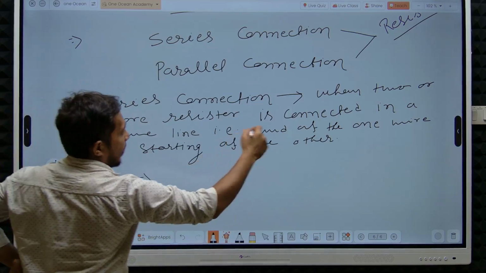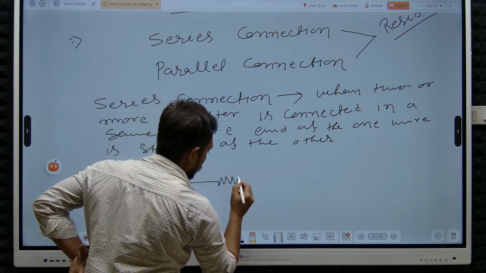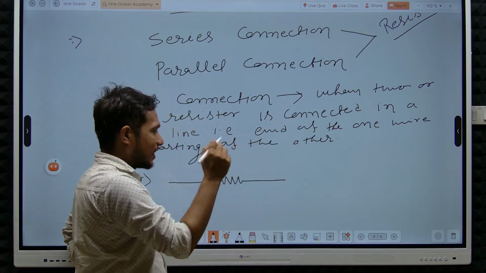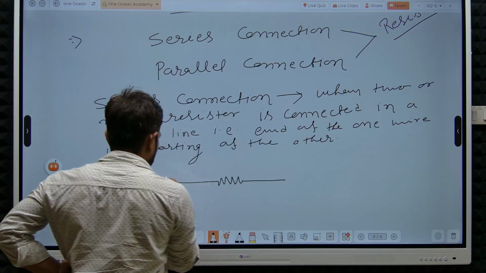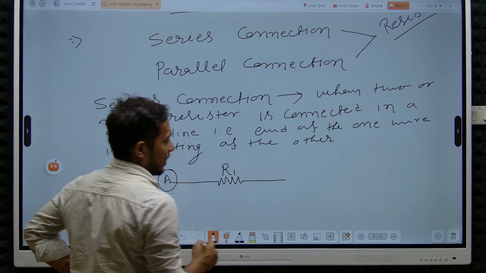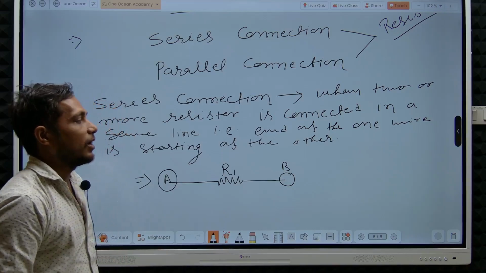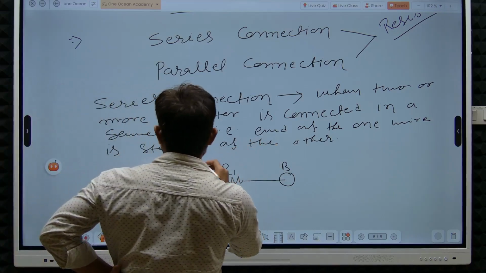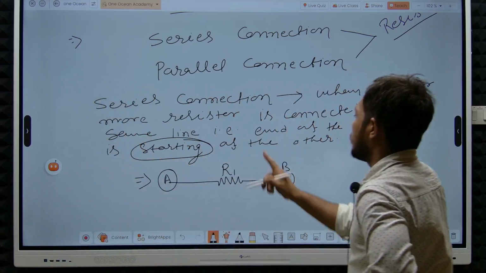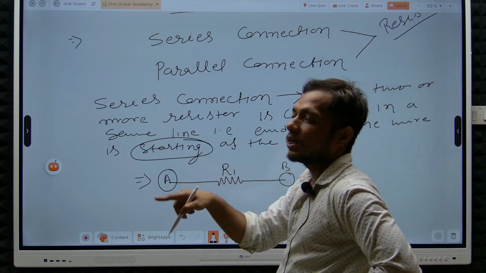So let us see what it is saying here. If one resistor is connected in the same line with another resistor, this is the starting point of resistor R1, let us say this is A, and this is the end point of the resistor R1, let us say B. When we want to connect another resistor, the end point of the first resistor becomes the starting point of the second resistor.